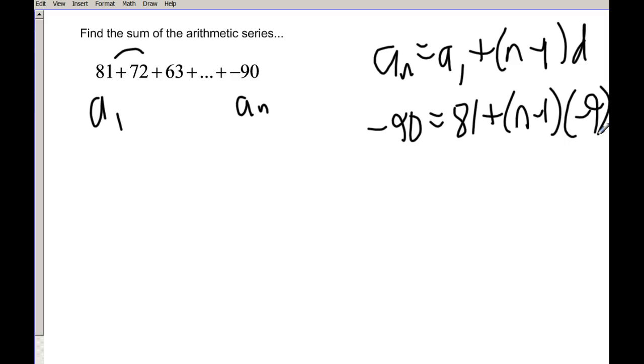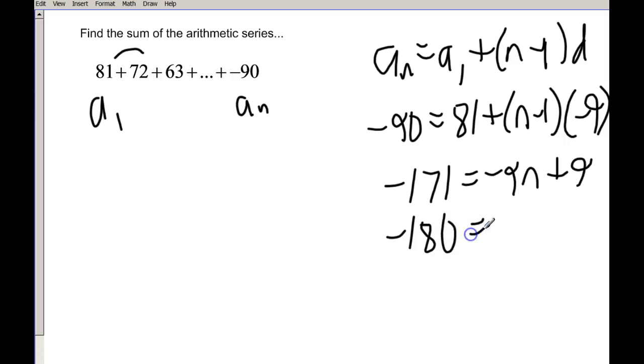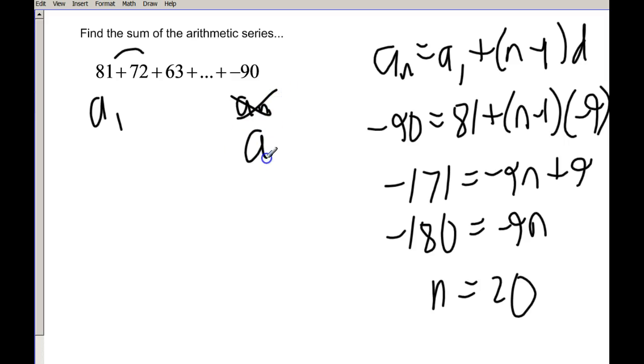So if I solve that problem, I get negative 171 equals negative 9n plus 9. Subtract 9, negative 180, I like that, equals negative 9n. Divide by negative 9, you get n equals, let's see, 20. And so now we know that's really the 20th term.